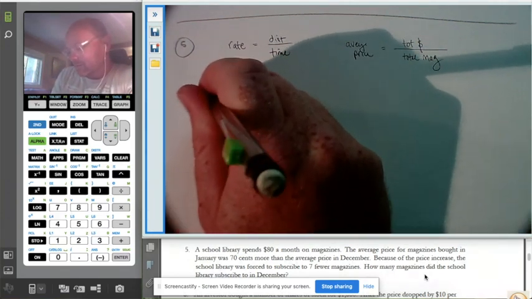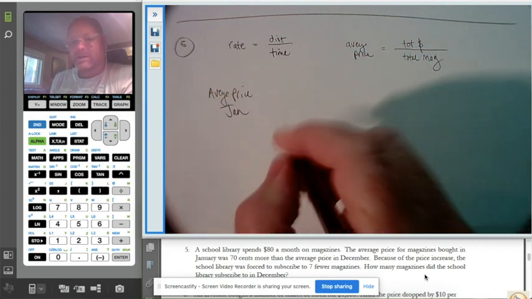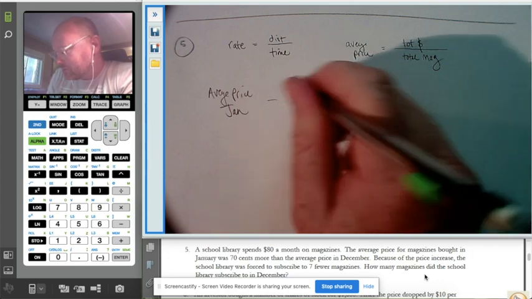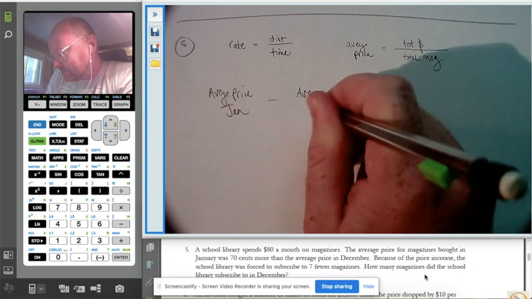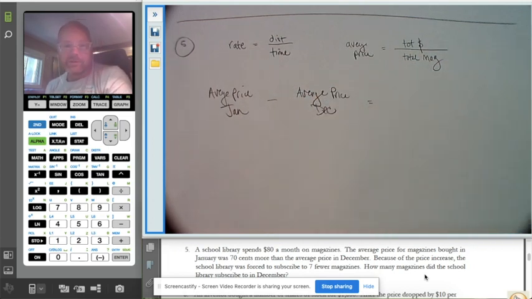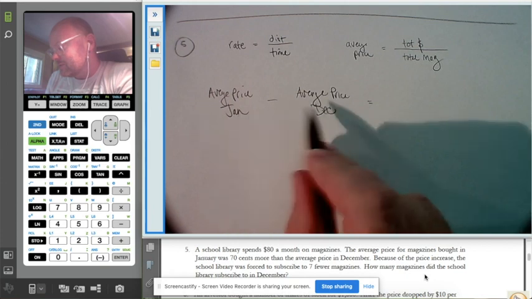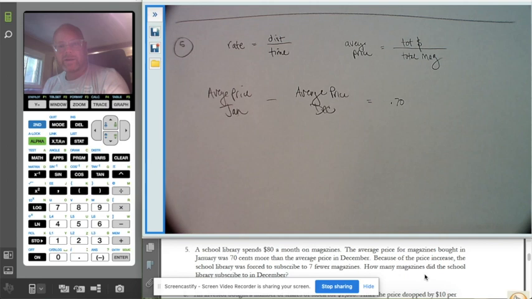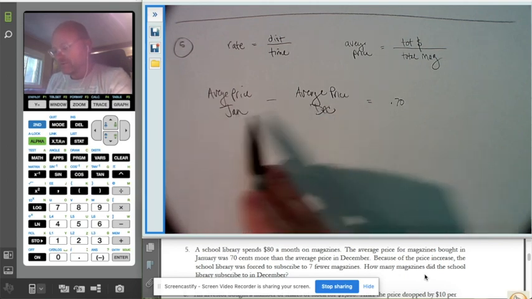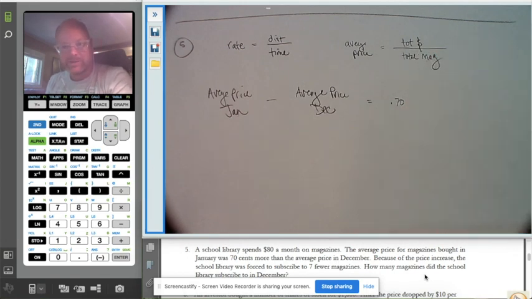So we have the average price in January, and they're telling us that the difference in price between January and the average price in December was 70 cents, right? It was 70 cents more in January than in December. So the difference in these two average prices needs to be 70 cents. Okay, so I'm going to subtract two averages. But what are the averages made up of? Well, it's the amount of money divided by the total number of magazines, right?